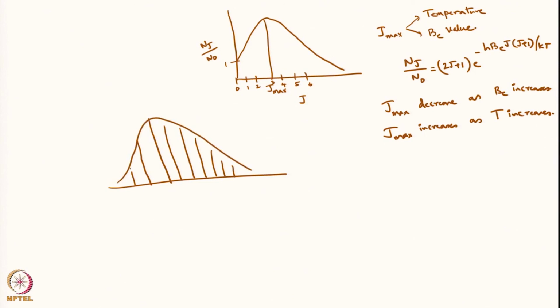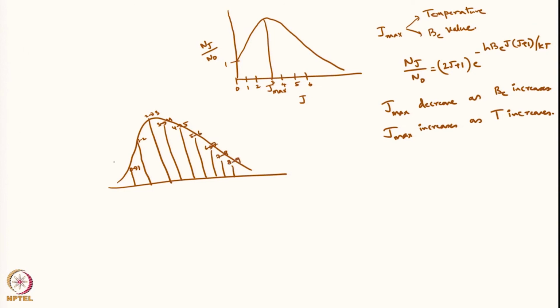So this is 0 to 1, 1 to 2, 2 to 3, 3 to 4, 4 to 5, 5 to 6, 6 to 7, 7 to 8, 8 to 9.